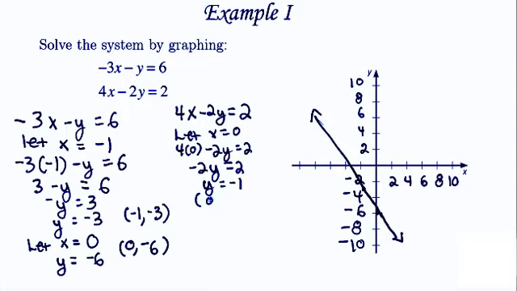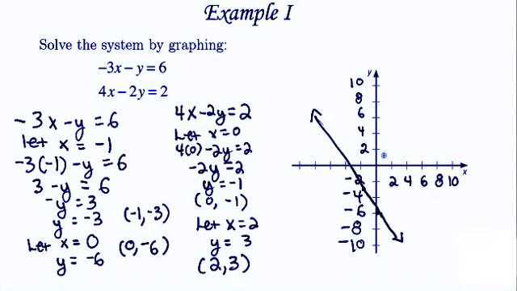Therefore, my first point is going to be 0, -1. For my second point, I'm going to let x equal 2. And if you substitute 2 in this equation for x, you'll find that y equals 3. So I have a second set of points. I have 0, -1, and for my second set of points, I have 2, 3.